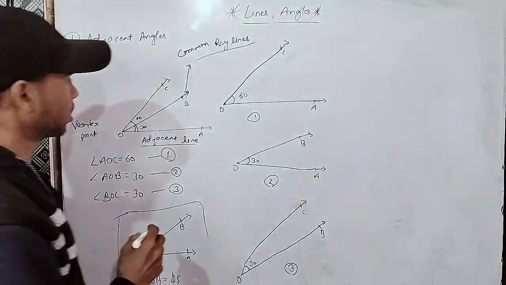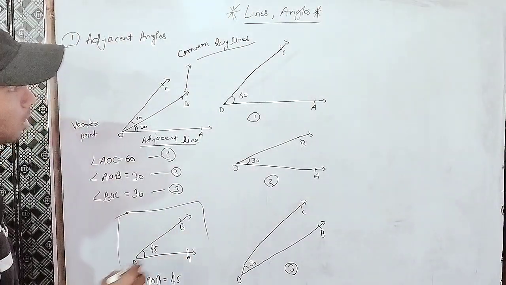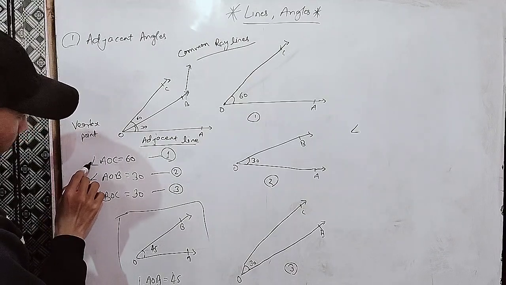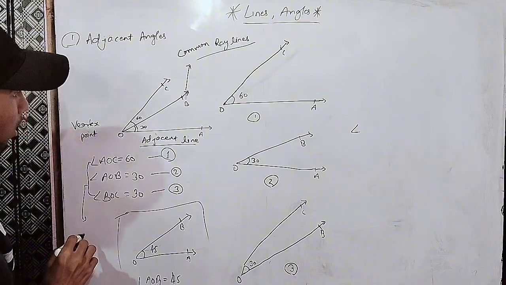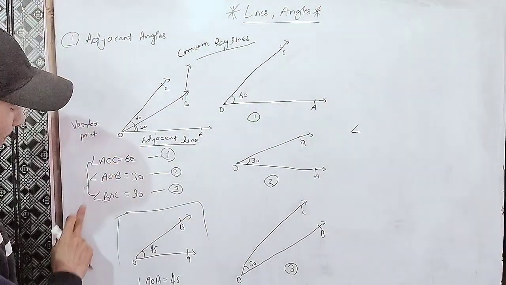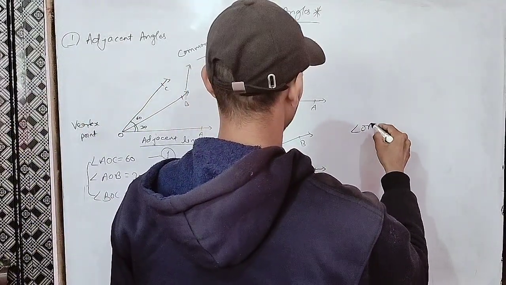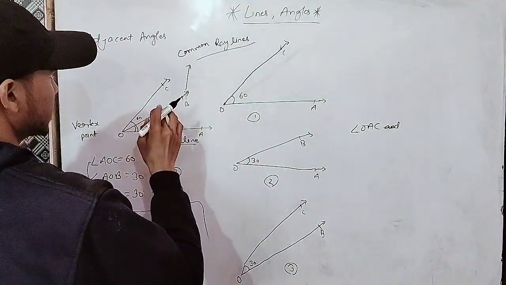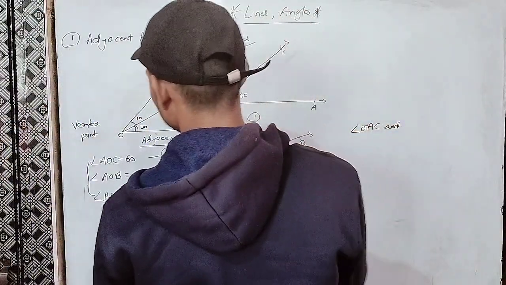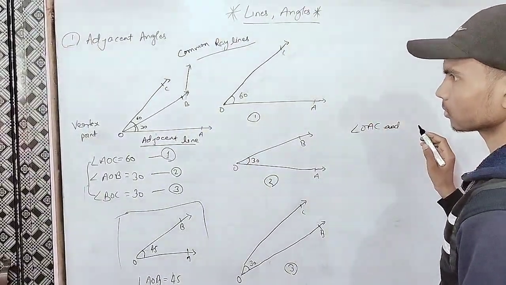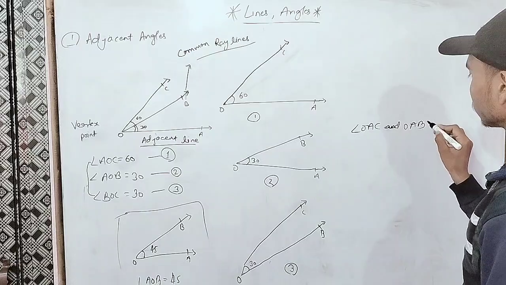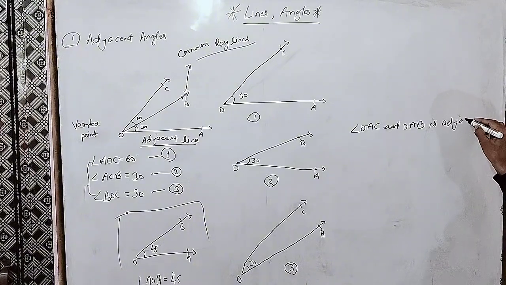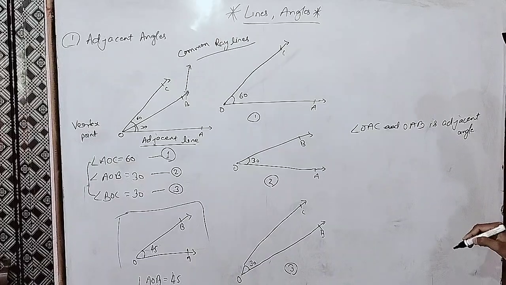So angle OAC and angle OAB, OA is the adjacent angle.